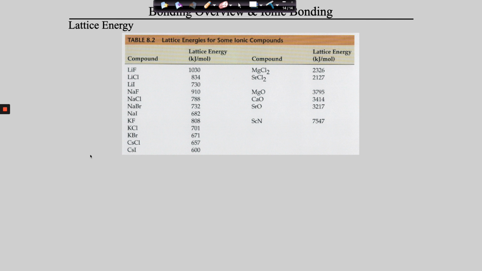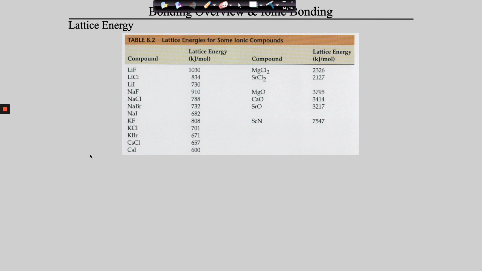Guys, go over to page 292, and you see where it says lattice energy in bold? Read the definition. Do you see why they're all positive? Why are they all positive? The energy required to break the lattice.